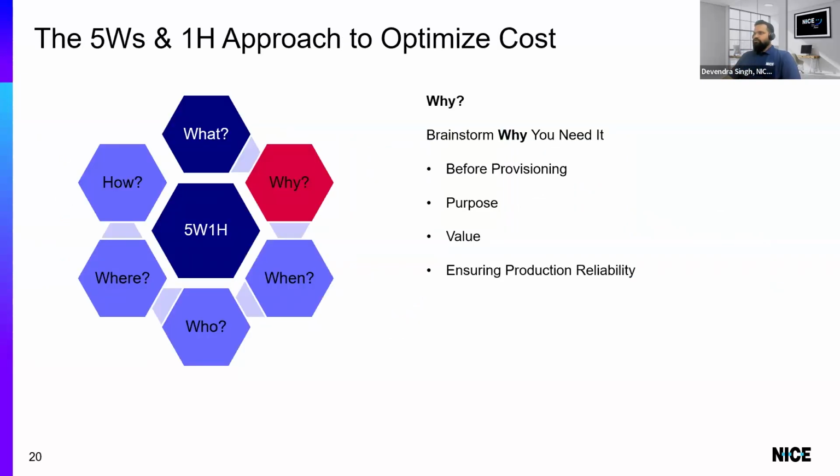Now we will switch to why and when, the other 2 Ws. We will cover both, and after that, we will see a case study. So when we talk about why, we need to understand the reason before we start provisioning or creating the resources. So it is important to brainstorm why we need the resources.